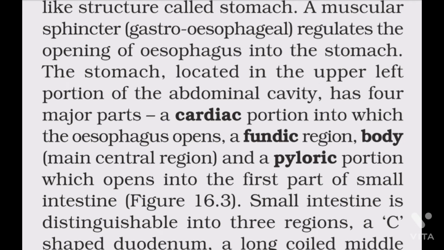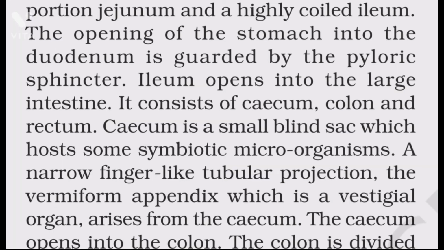Small intestine is distinguishable into three regions: a C-shaped duodenum, a long coiled middle portion jejunum, and a highly coiled ileum. The opening of stomach into the duodenum is guarded by a pyloric sphincter. Ileum opens into the large intestine. It consists of cecum, colon, and rectum.